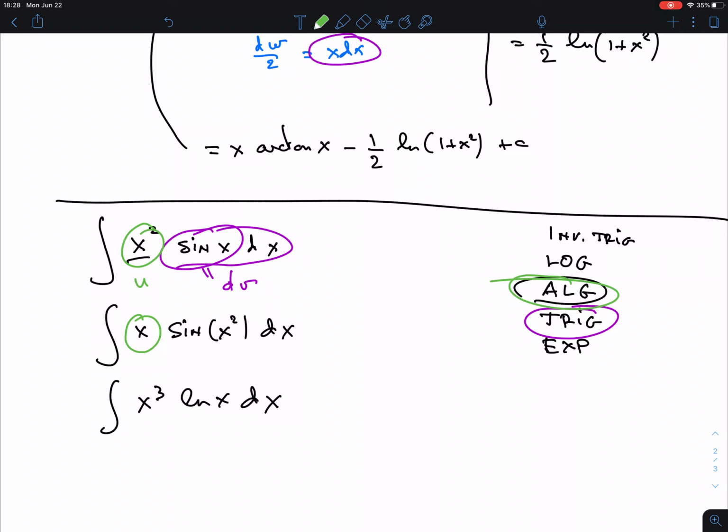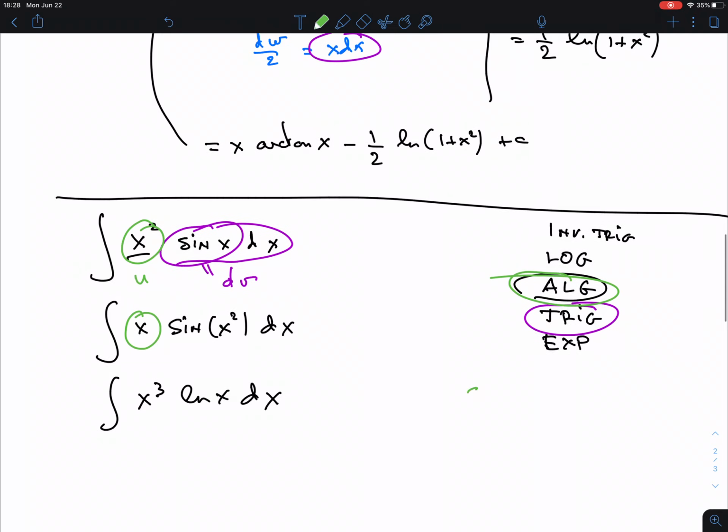What we could allow is something like sine of 2x plus 3, because that's a linear one. We can easily do a small substitution. Remember, we call these auxiliary substitutions, where we replace this by w and then we are fine. So these kinds of functions were considered trig functions.